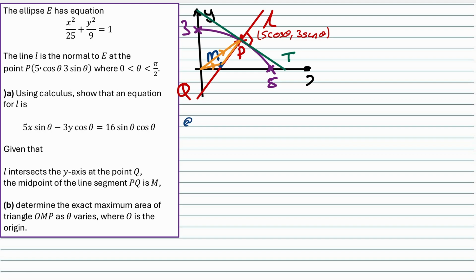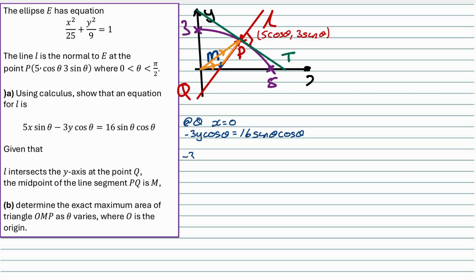So we know at Q that x equals 0, and we've just worked out this equation here. So if we let x equal 0, this 5x sine theta term will go. What we're left with, for the equation of the normal, is negative 3y cos theta equals 16 sine theta cos theta. Then we can divide both sides by cos theta.